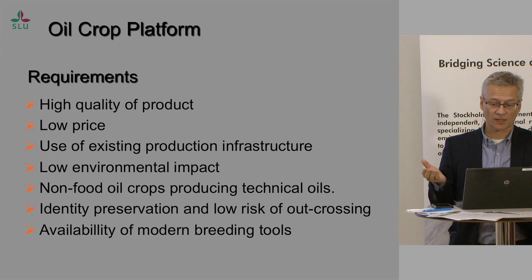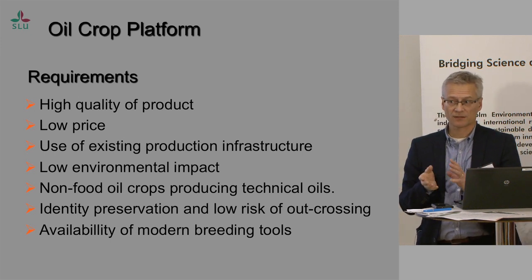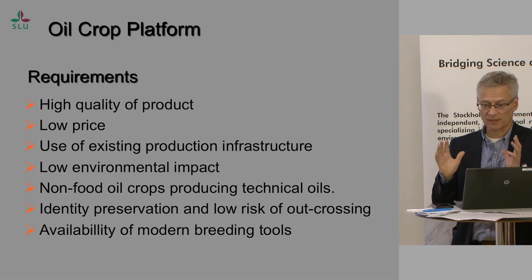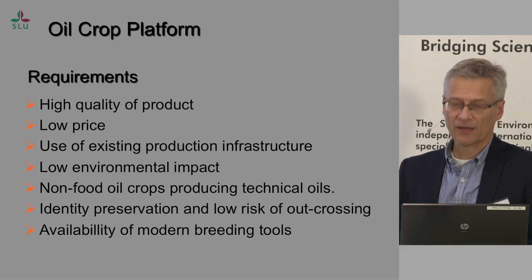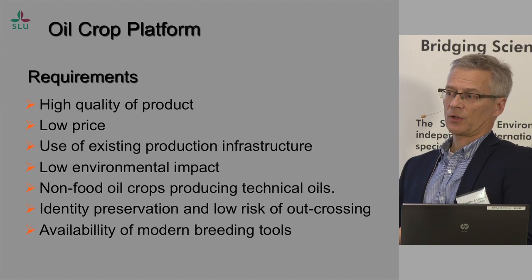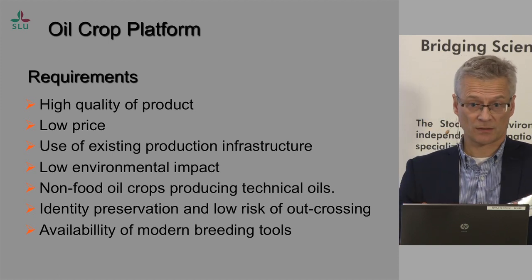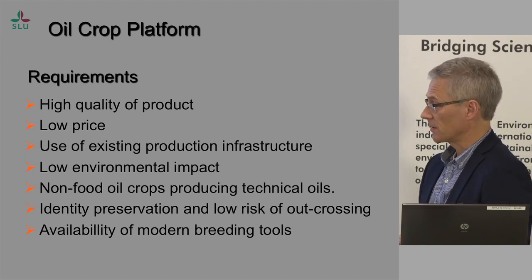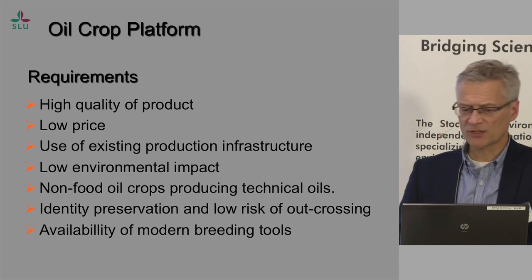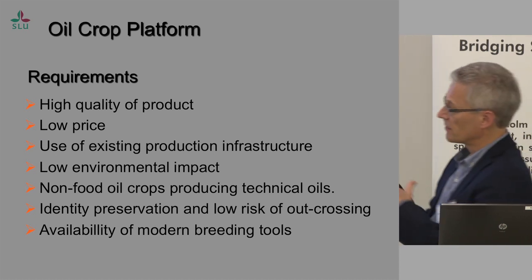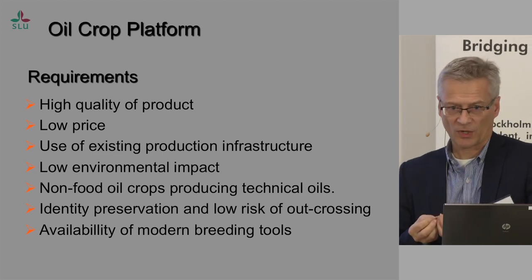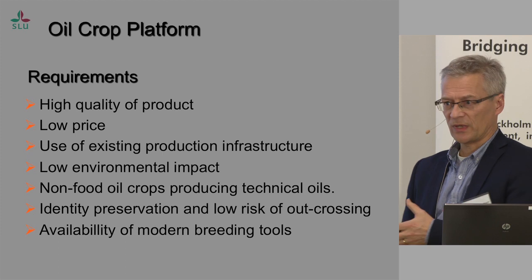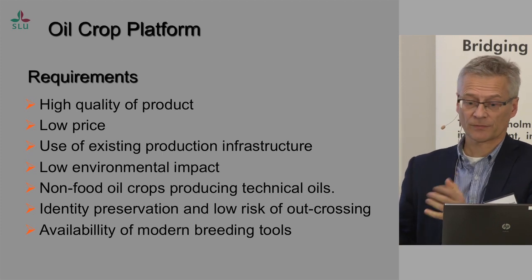Identity preservation and low risk of outcrossing are part of the game, to try to keep them separated from the food chain. And we should also have tools available with which we can breed and develop these crops. So these are important considerations when we're thinking about what crops should be producing the technical oils.